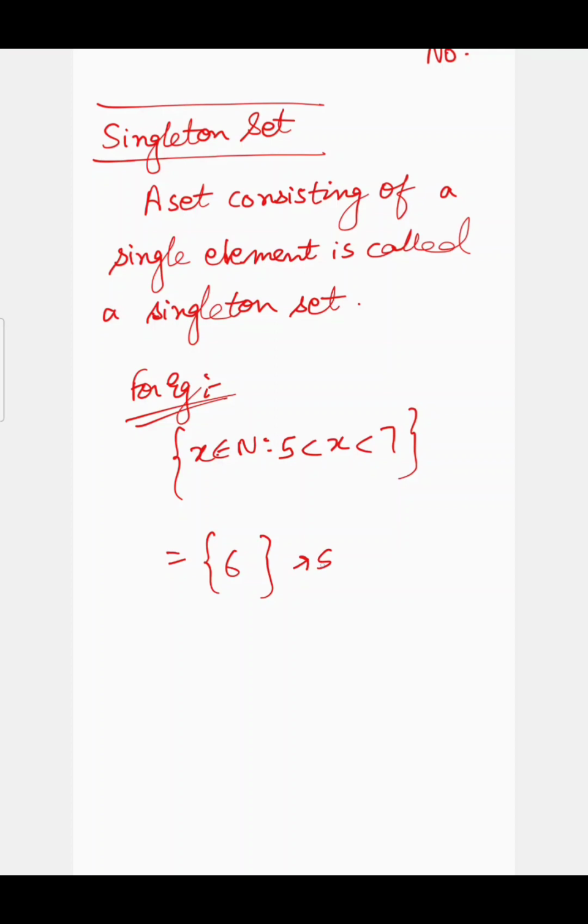So this is a singleton set. Okay. Is this clear? X belonging to natural number such that x is greater than 5 but less than 7. इसके अंदर कौन से एलिमेंट्स आने वाले हैं? नेचुरल नंबर है ना, तो इसलिए सिर्फ 6 ही होगा, 6. सो ये सिंगलटन सेट हो.